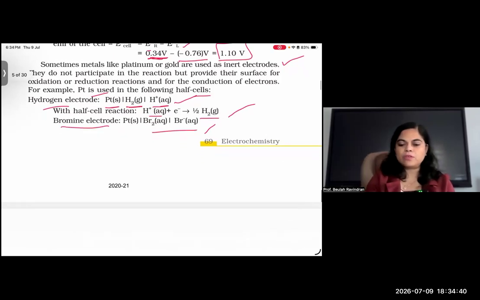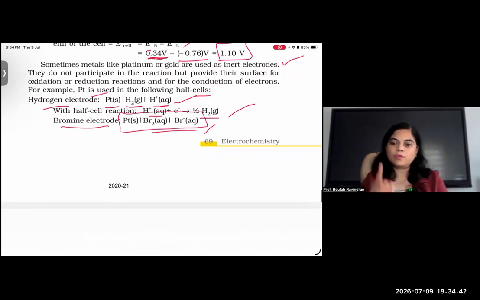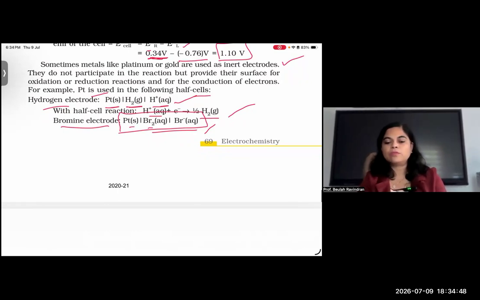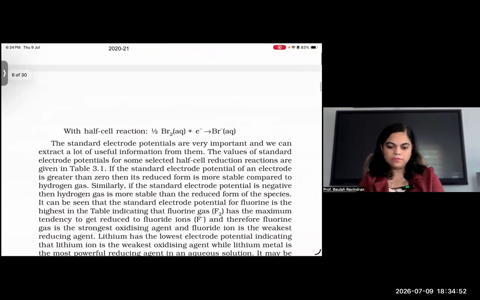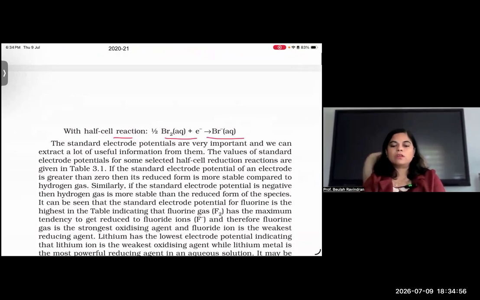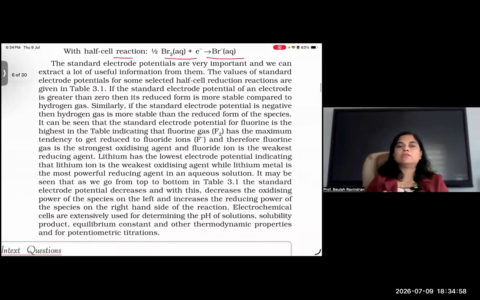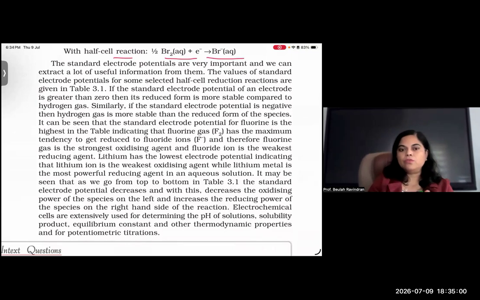For the bromine electrode, you have to write it like this. Bromine is also a gas, so it is given like this: platinum solid, bromine 2 aqueous, gives bromine minus aqueous. With the half cell reaction, you can write this. These are all examples given to you.